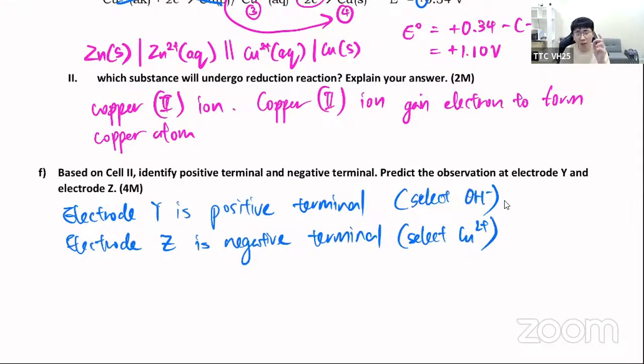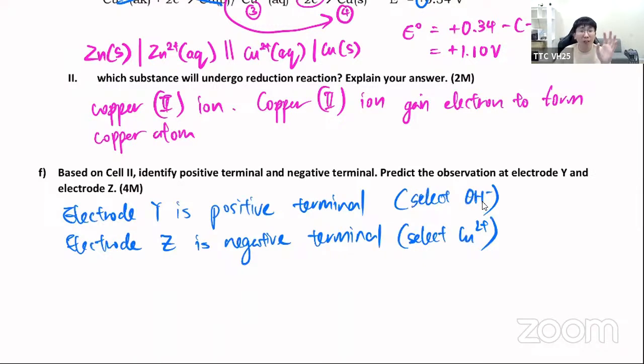So guys, what's the observation if you select OH-, if you select Cu2+? Try to imagine their equations. Cu2+ is the easy one. When it undergoes reaction, it loses the charge and becomes copper metal, which is a brown solid. Then OH- is a bit special because its equation is very long.